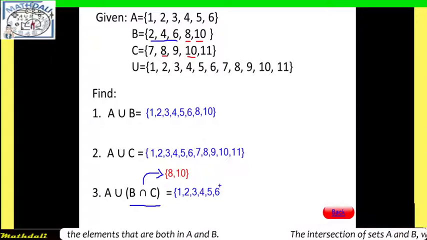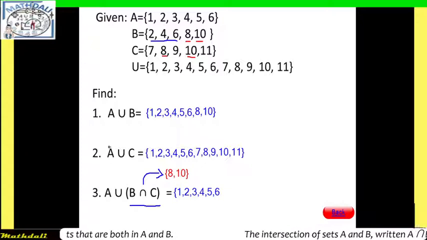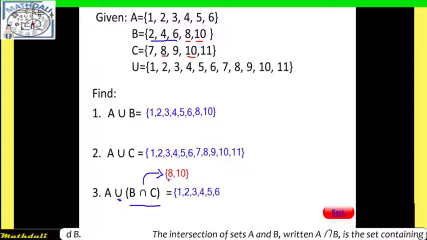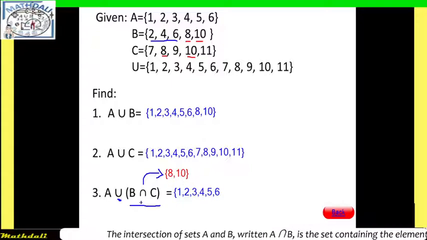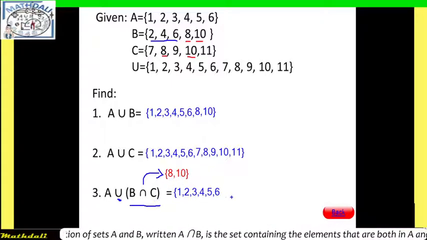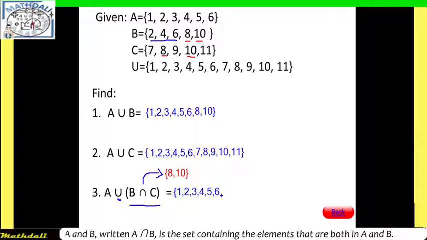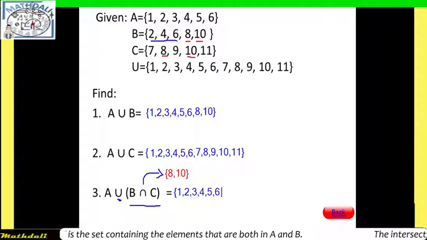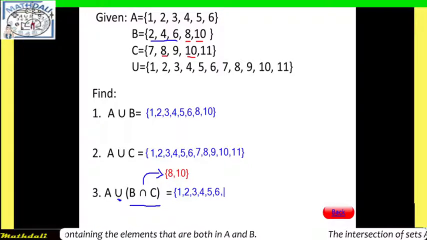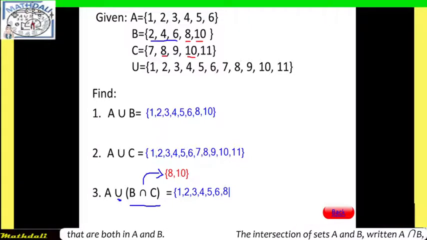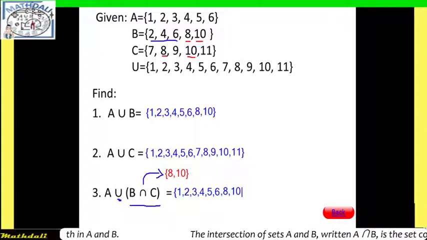Okay, yan yung mga element ni set A kasi yun ang operation natin dito. Okay, dadagdag lang natin tong intersection ni set B at saka ni set C. And that is 8 and 10.